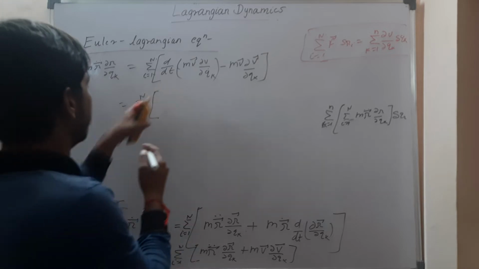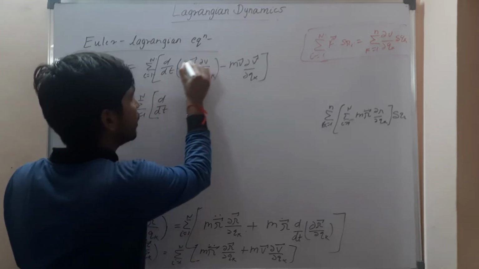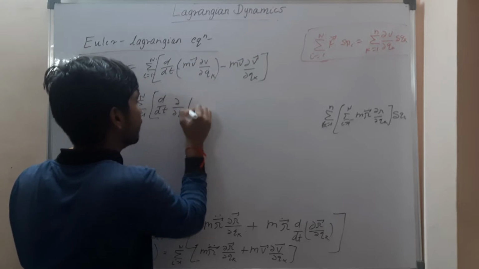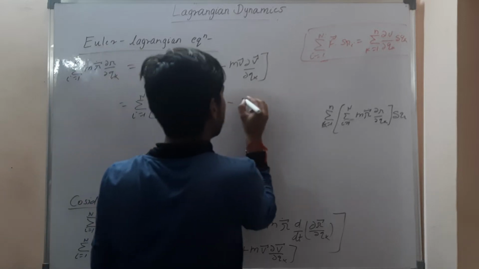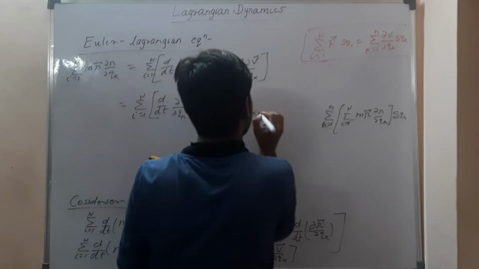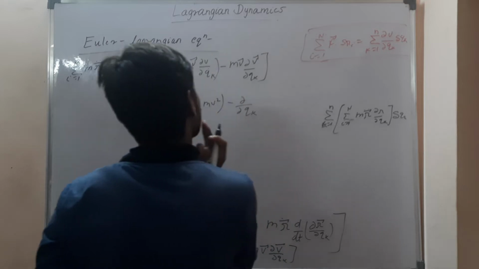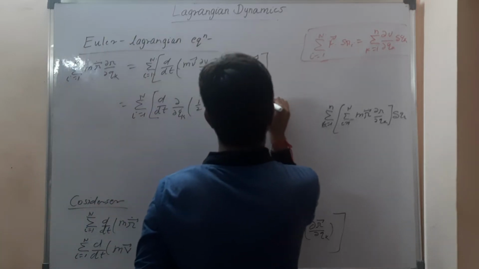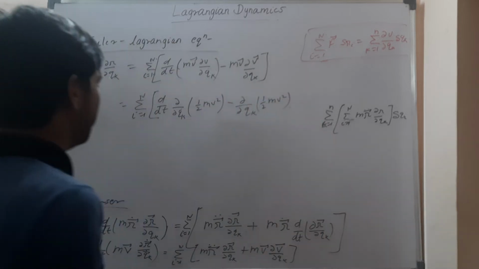So if I see this, I can write d by dt, and it can be written as ∂ of half mv square. Similarly, this can be written in the form of half mv square. How can it be written?